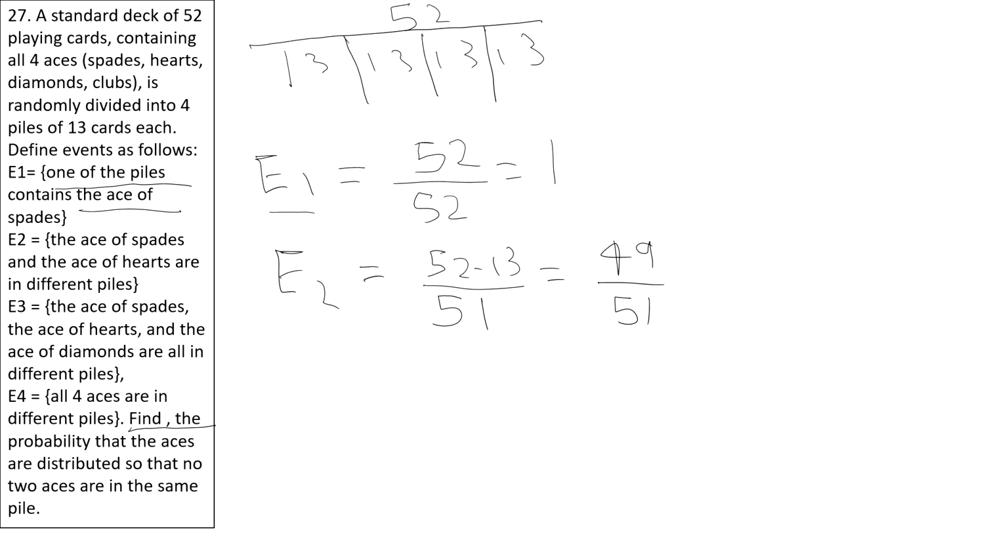Now for E3, 50 cards are left and 49 minus 13, 36 cards are left. And E4 is for the ace of hearts, so the ace of diamonds is also done. The ace of clubs is in a different pile.